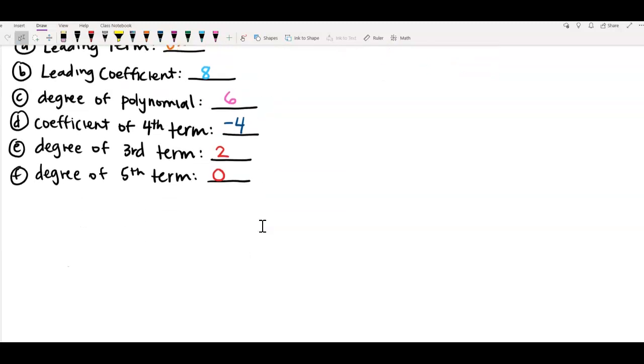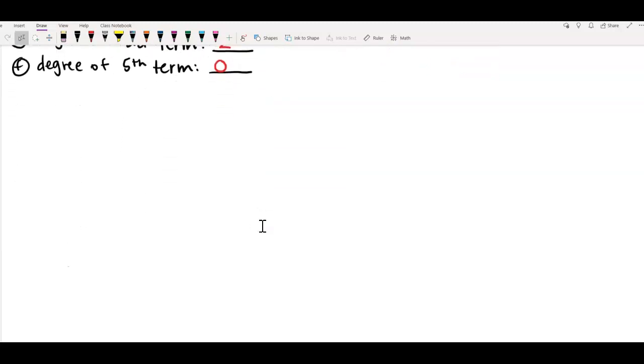And then the other thing on 4.1 that I wanted to talk about is just making sure that you're really careful. So the question that we did on the warm-up, I'm going to just write that one here. Number 1 on the warm-up said this.